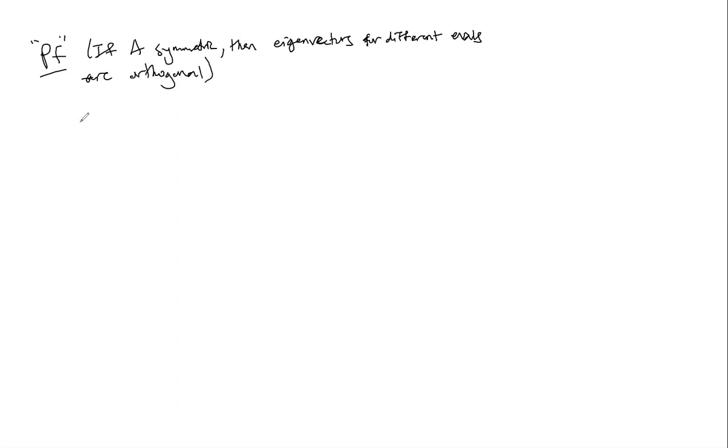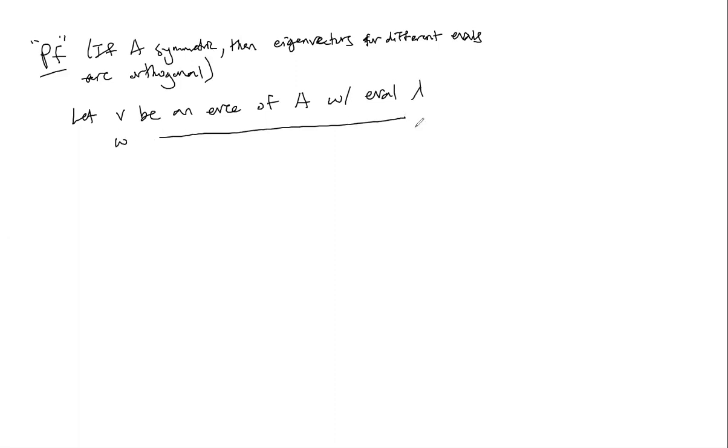Let V be an eigenvector of A with eigenvalue lambda, and let W be an eigenvector of A with eigenvalue, let's say, mu. And let's look at AV dot W. This is a classic proof that you're going to see over and over again.